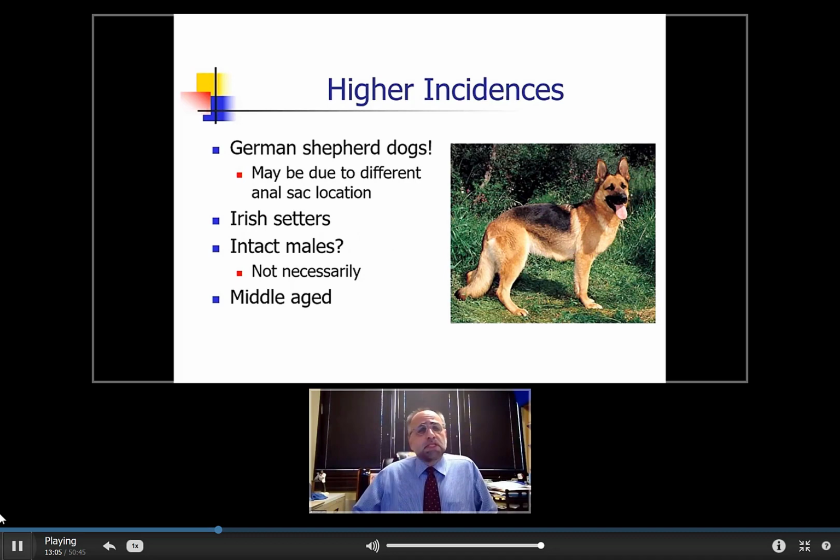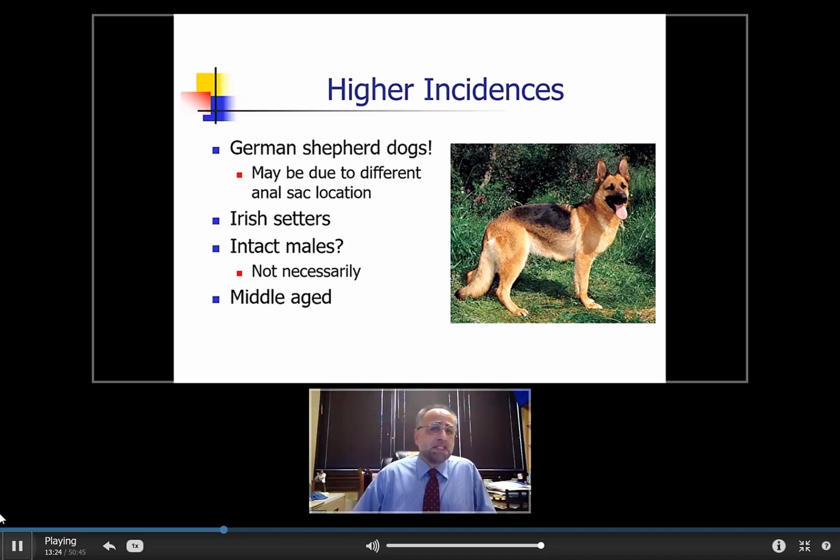German Shepherds, unfortunately, are one of the breeds that seem to have a higher incidence of problems with this, and it's really unclear why. It may be an immune-mediated problem at this point. Certainly German Shepherds are known to have other immune-mediated diseases, so it may be a component of that.